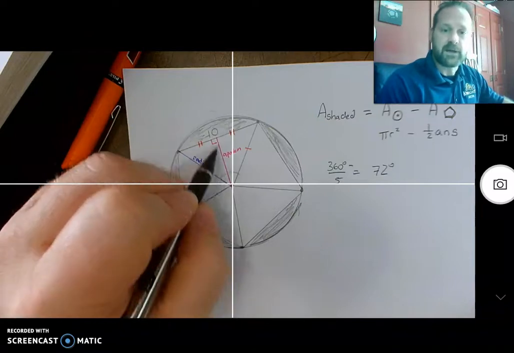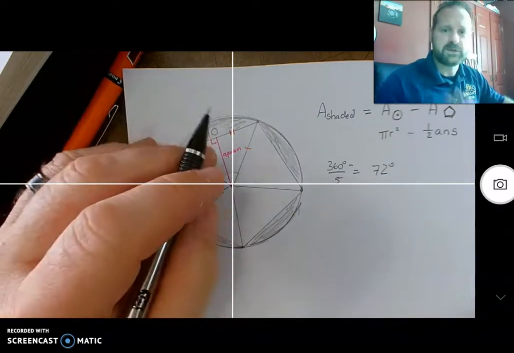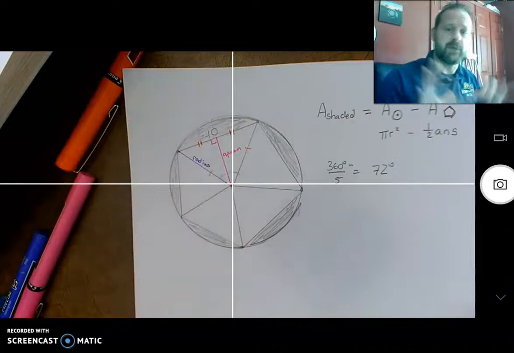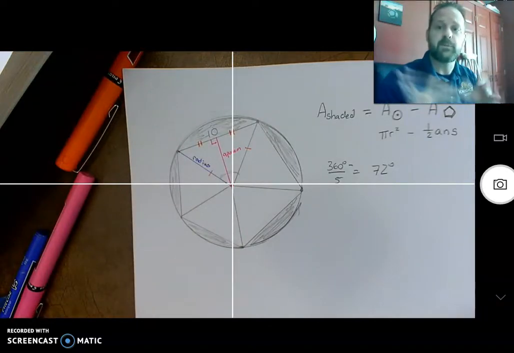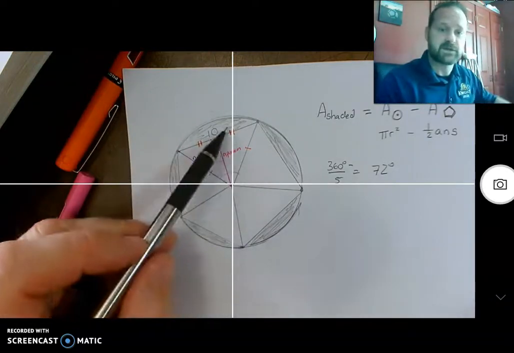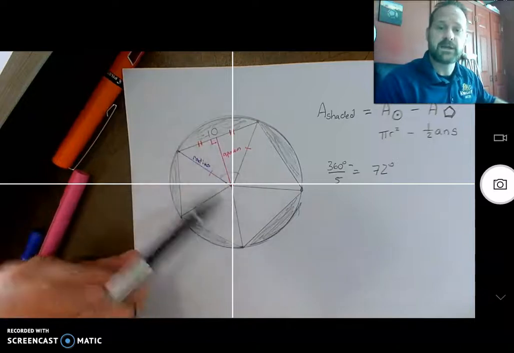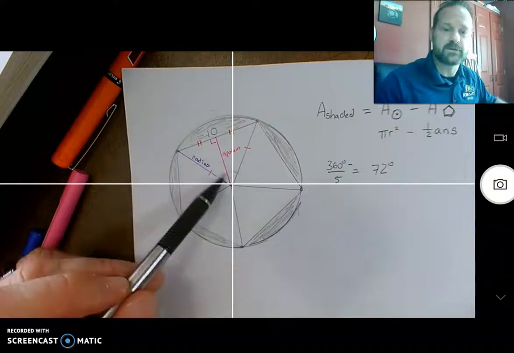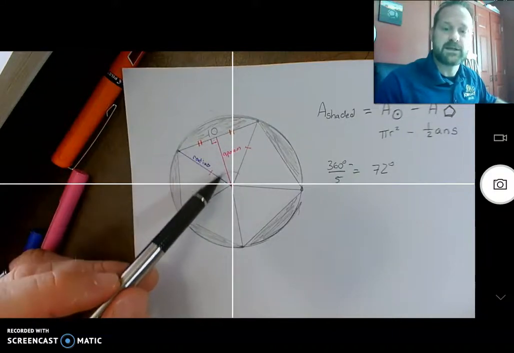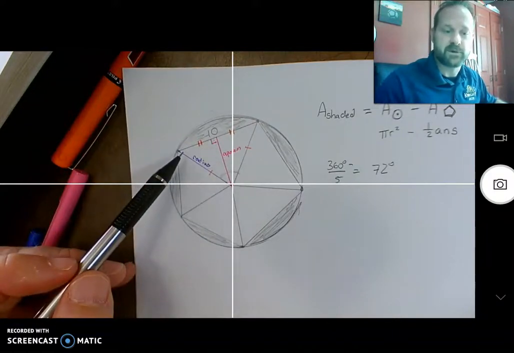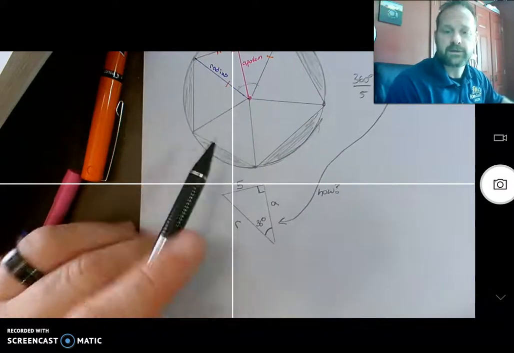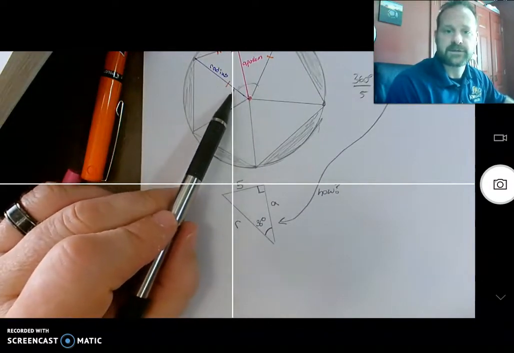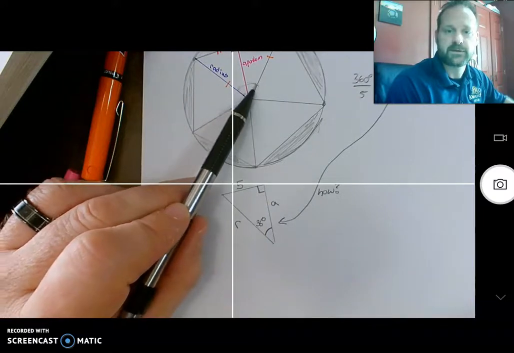Okay, but the trick to all these is just pause and blow things up. Not like with a grenade or something, but take a small section and take it out. So I'm going to take this triangle out and write it over here, because I need to focus on the individual parts. Here's my scenario. I know this whole thing here is 72 degrees.